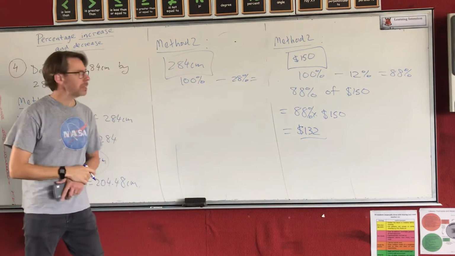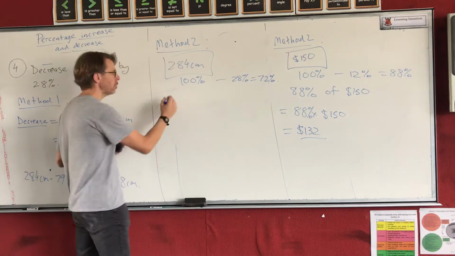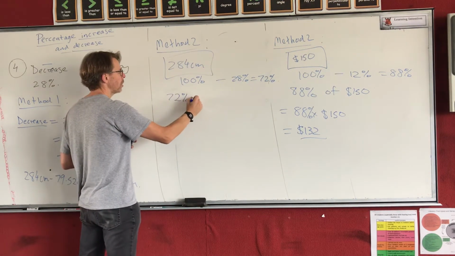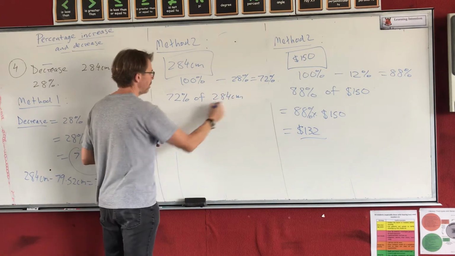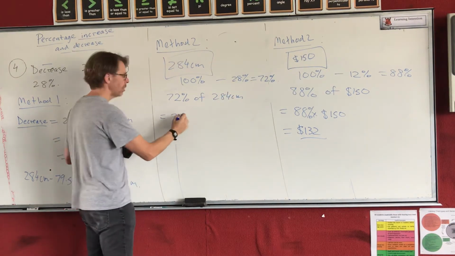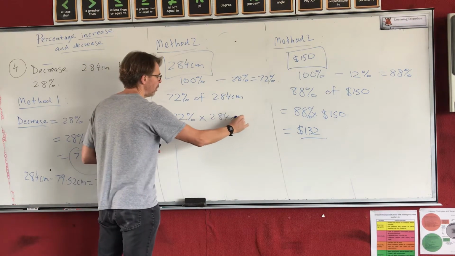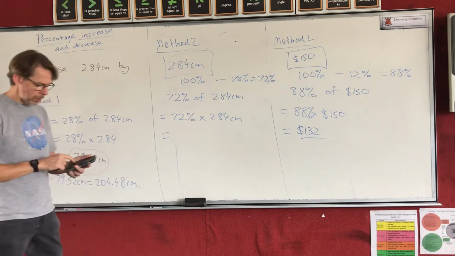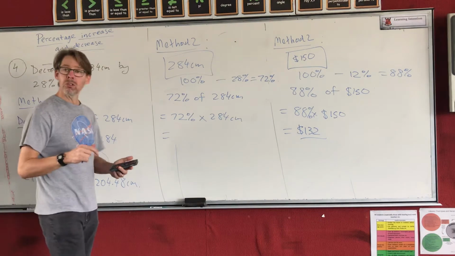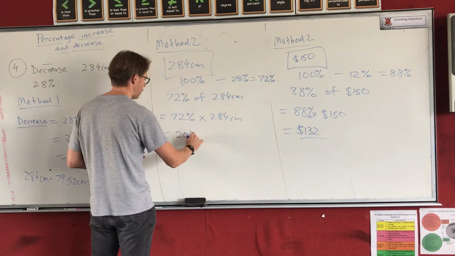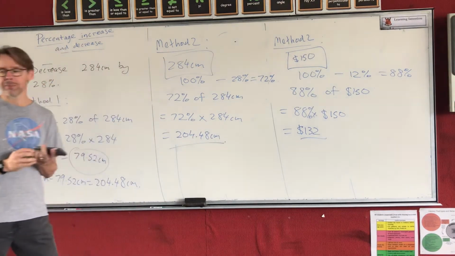If you work that out, it's going to be 72%. So you're going to do 72% of 284 centimetres. So on your calculator, 72% times 284. Let's try that. 72% times 284 gives you 204.48. There we go. How did you go?